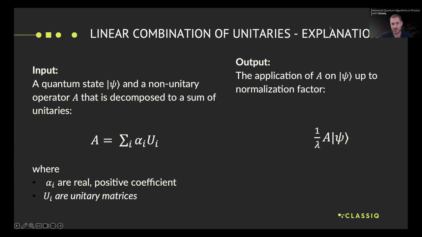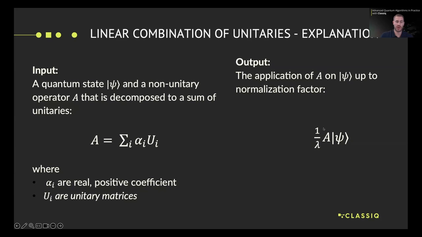And the output is the application of A on psi, up to a normalization factor, which is the normalization factor of the alphas. In the tutorial, you can read the exact calculation of the normalization factor. But in fact, we apply this non-unitary on the state psi.